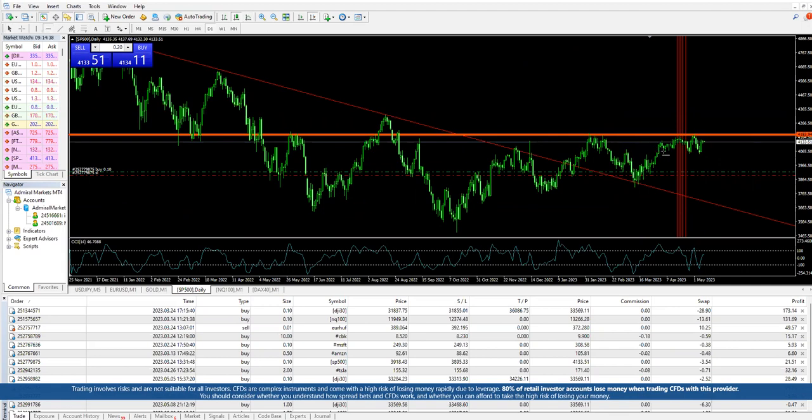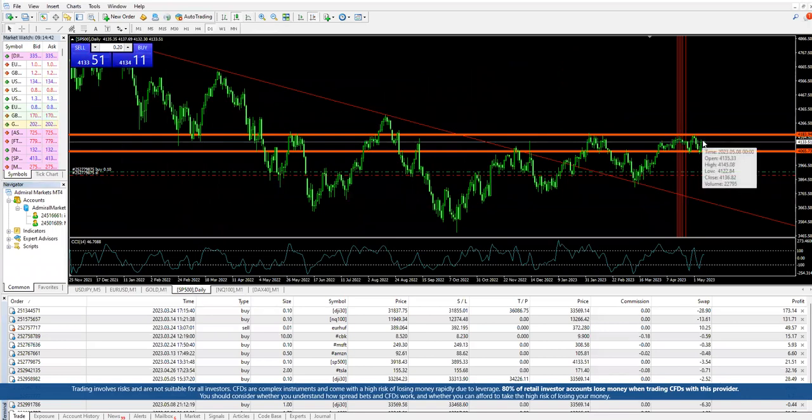Support is here, the first one. While we are in a range, if you are a long-term investor, you can keep your shares. And remember, this is a nice uptrend, but focus on this trend line. This is not advice, just my opinion.